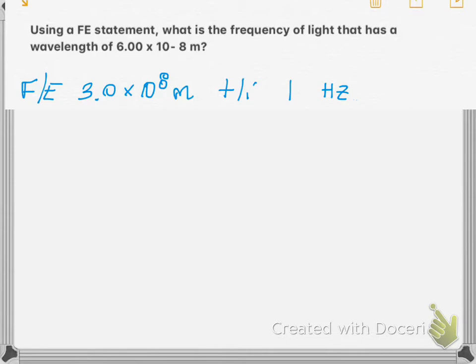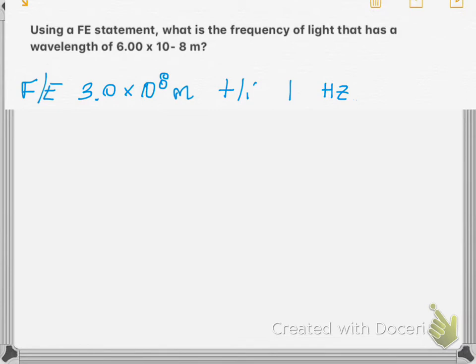That is a given, and we know from our problem that we're trying to find a frequency, so the amount of hertz for every 6.00 times 10 to the negative 8th meter wavelength.